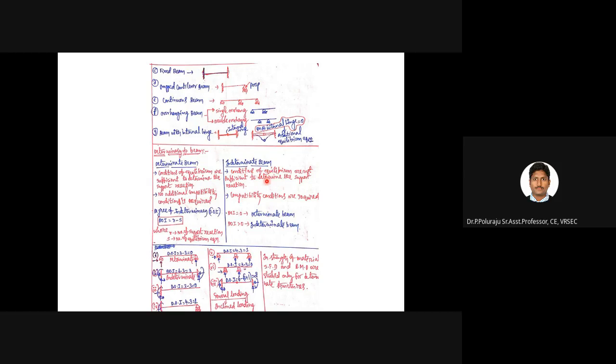In an indeterminate beam, conditions of equilibrium are not sufficient to determine the support reactions. Compatibility conditions are required. When DOI equals 0, it is a determinate beam, whereas DOI greater than 0 is an indeterminate beam.